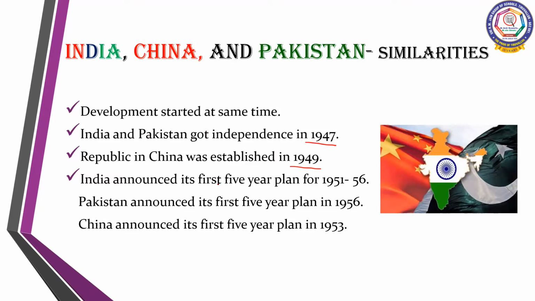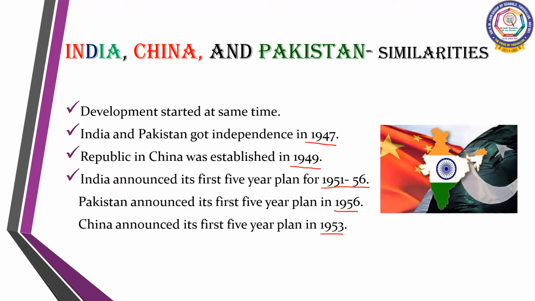India announced its first 5 year plan for the period 1951 to 1956. Pakistan announced its first 5 year plan in 1956 and China in the year 1953. India has completed its 12th 5 year plan from 2012 to 2017.